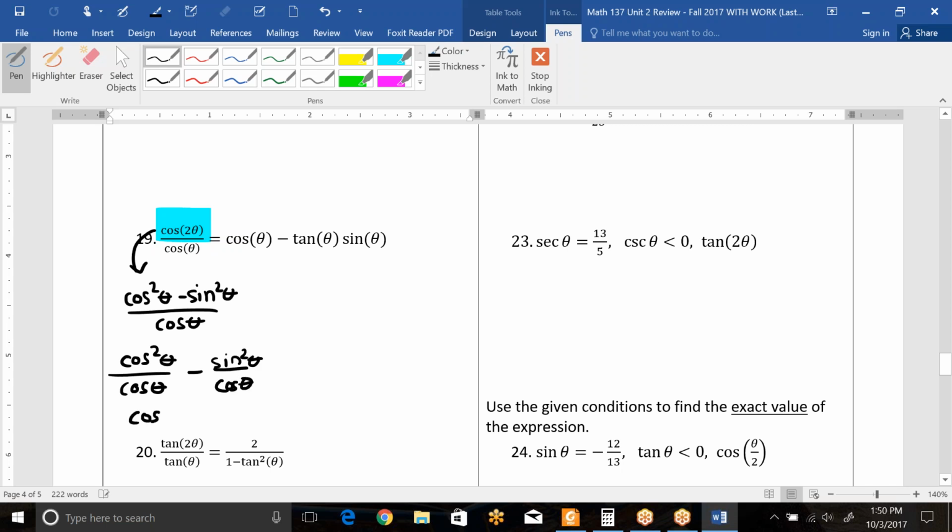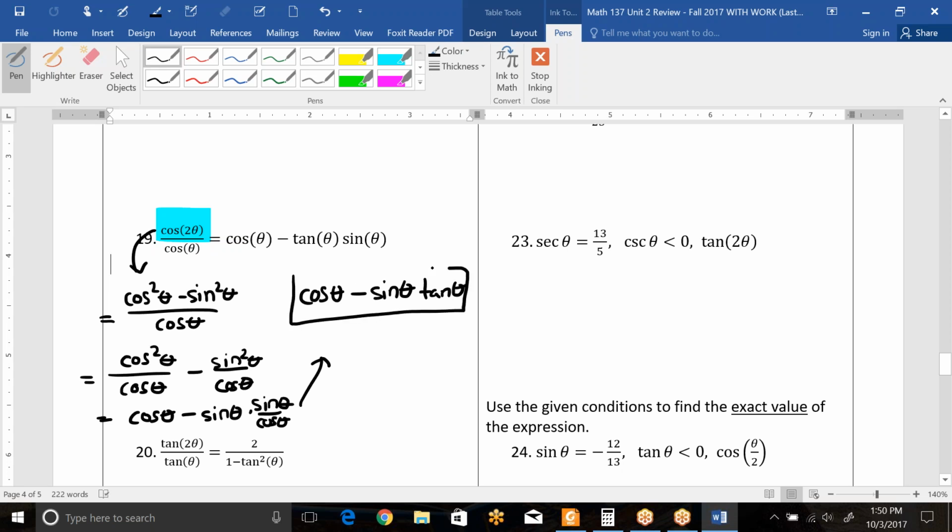That would be just cosine theta for the first one. I would split this up into sine theta times sine over cosine theta since there's 2 sines on the top. So then that would be cosine theta minus a sine theta, and sine over cosine is a tan theta. And that is the same thing as this, they just have the order different for the multiplication.